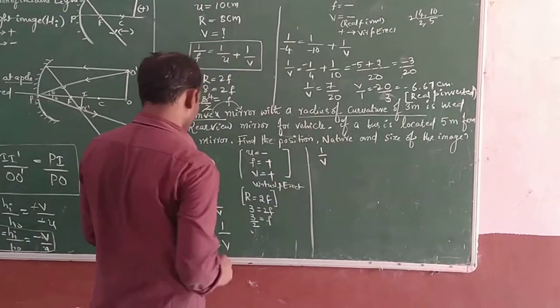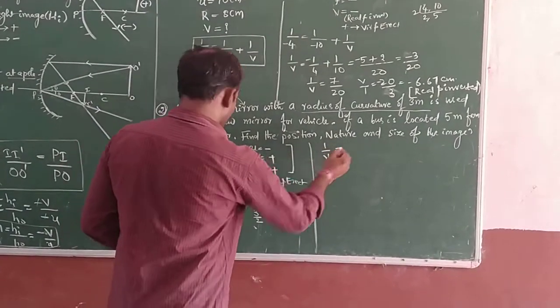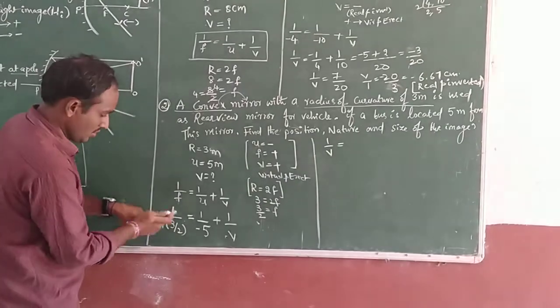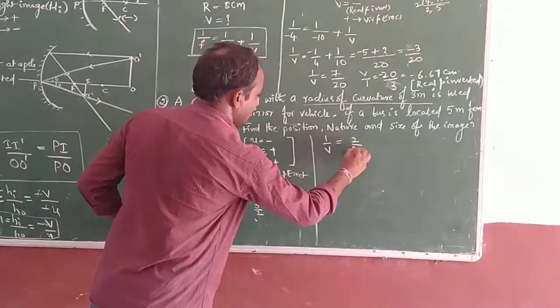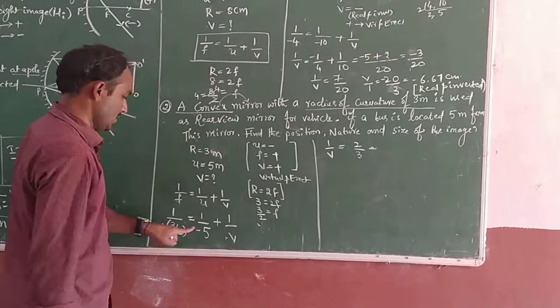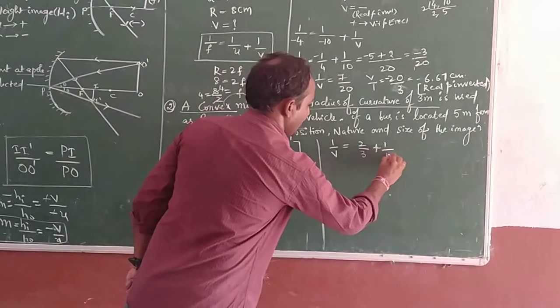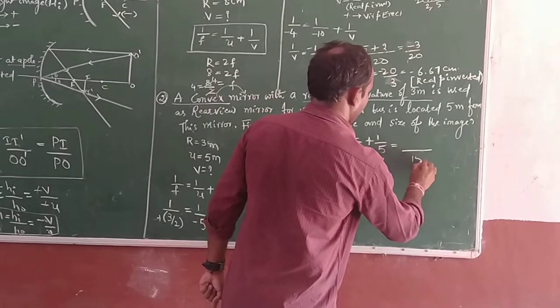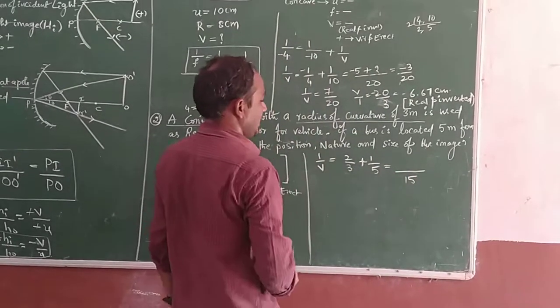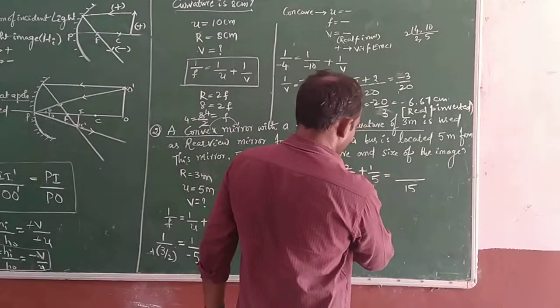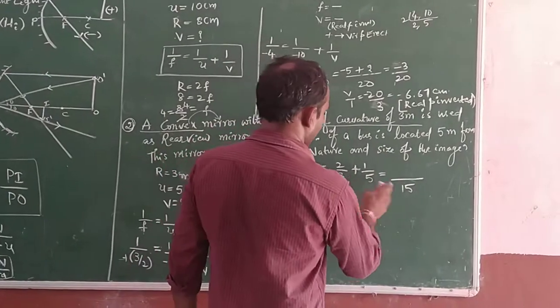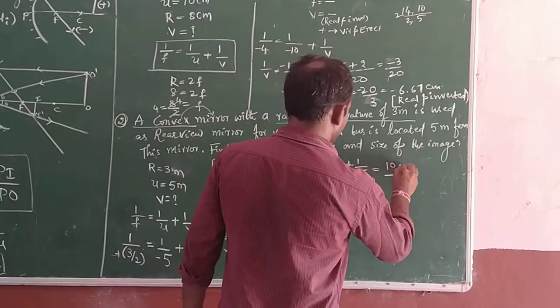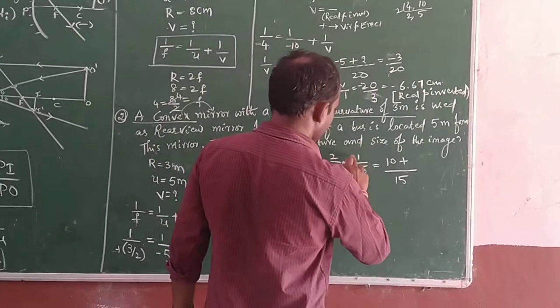1 by V is equal to, it is a reciprocal, so it is nothing but 2 by 3 plus 1 by 5. The LCM of 3 and 5 is 15. 15, it will go 3 times for 3... 5 times... 5 twos are 10, plus it will go 3 times, 3 ones are 3.